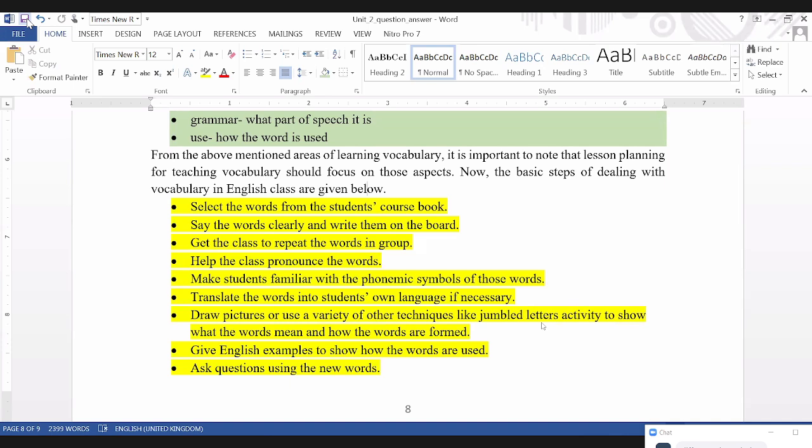Translate words into the learners' mother tongue or first language if necessary.